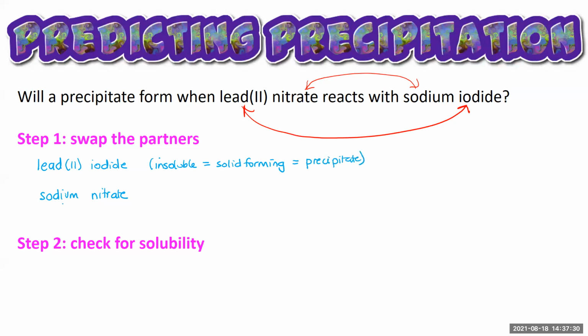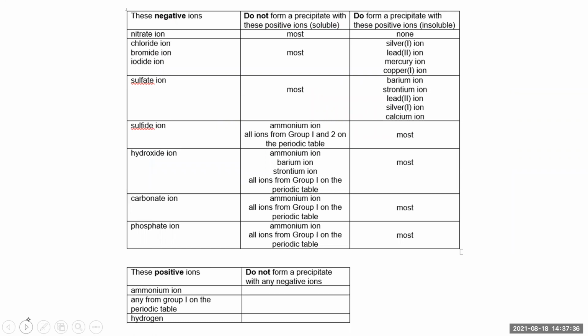What about sodium nitrate though? Let's go have a look. On our solubility rules, if we look at nitrates, we see that nothing forms a precipitate and pretty much everything is soluble. So sodium nitrate must be soluble.